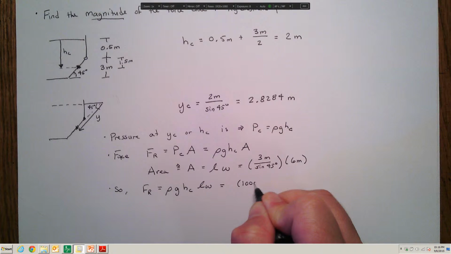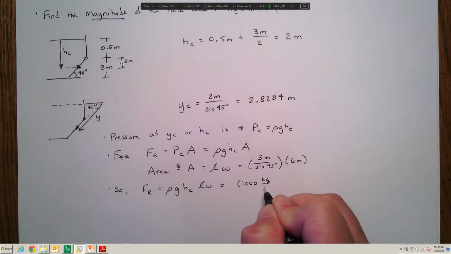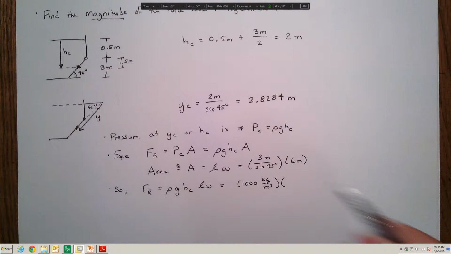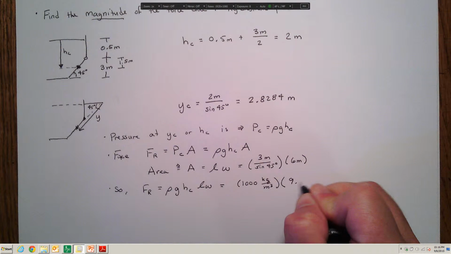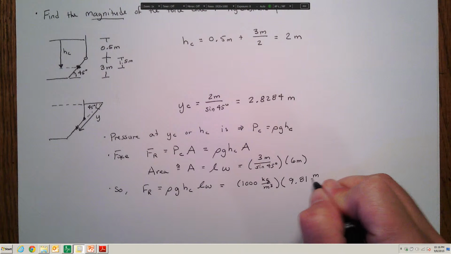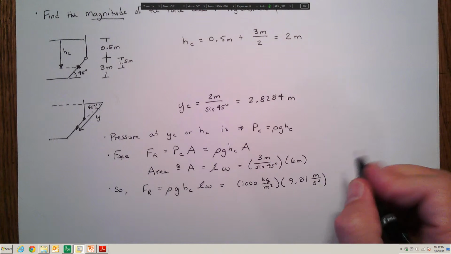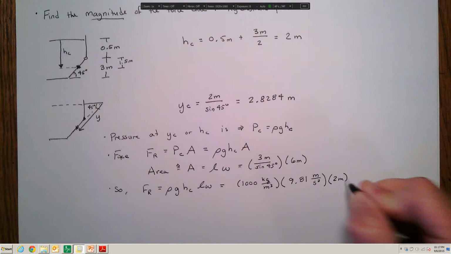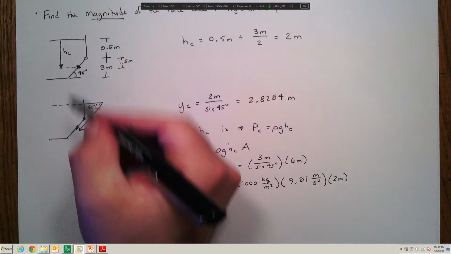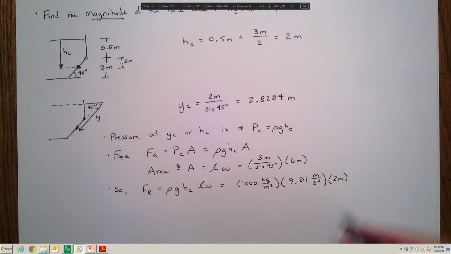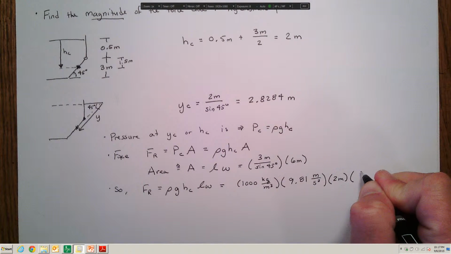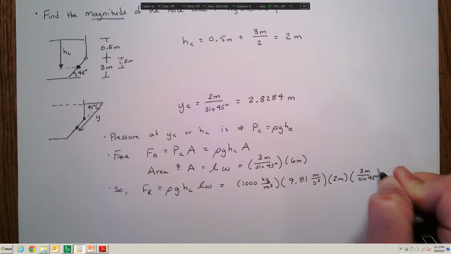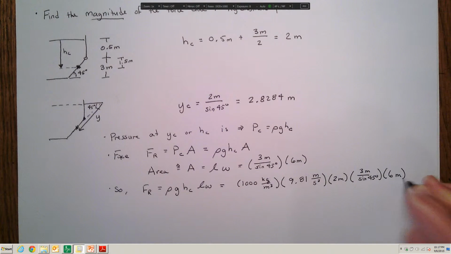The density of water is 1,000 kilograms per cubic meter. Gravitational acceleration in the SI system we're going to approximate as 9.81 meters per second squared. We have a 2 meter depth from the free surface of the water down to the centroid. Then we multiply by our area, which is 3 meters over the sine of 45 degrees times 6 meters.